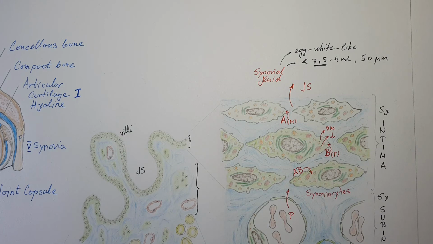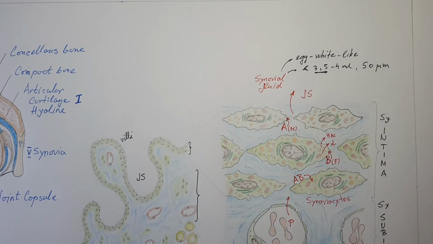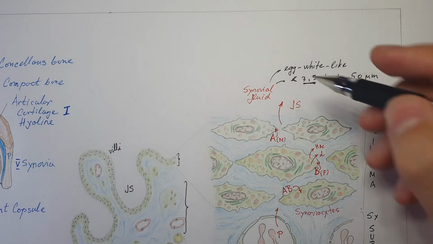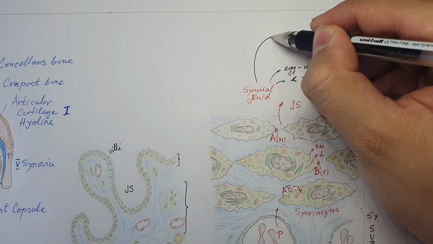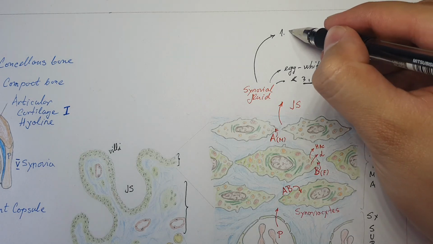The synovia is important because it has many functions that shield and protect our joints. First of all, it is important for reduction of friction.